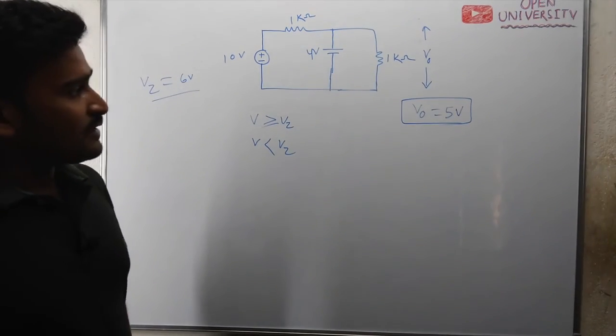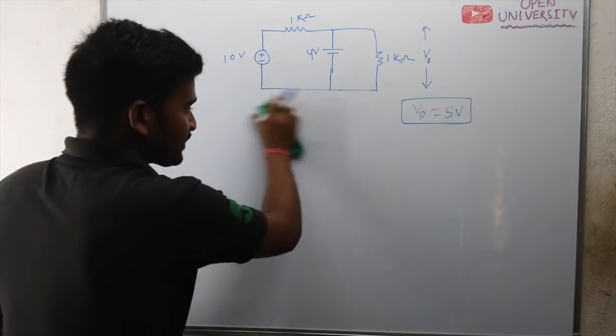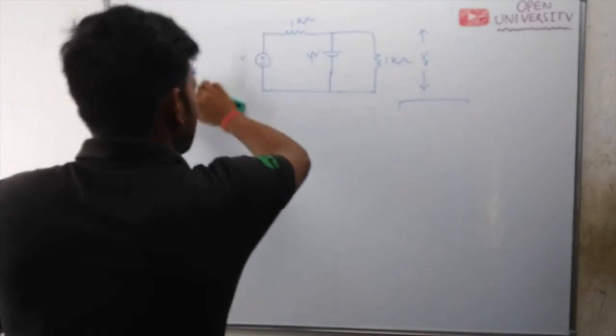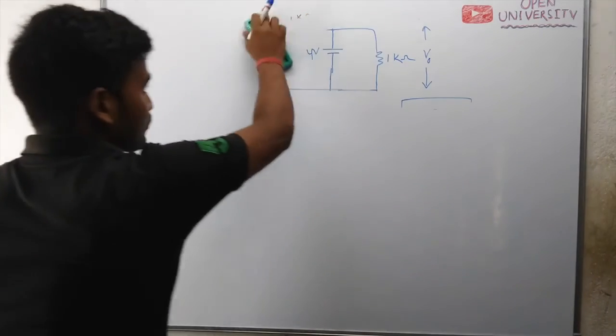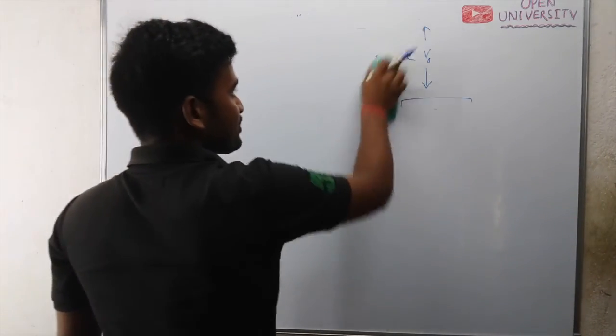So in this type of question, when it is asked to find out the output voltage, you need to first verify whether the Zener diode is in breakdown or off by open circuiting the Zener diode.